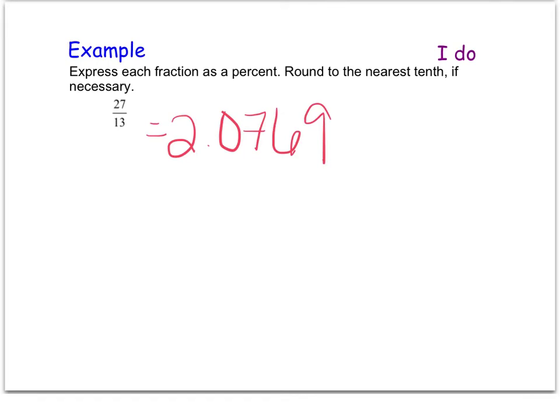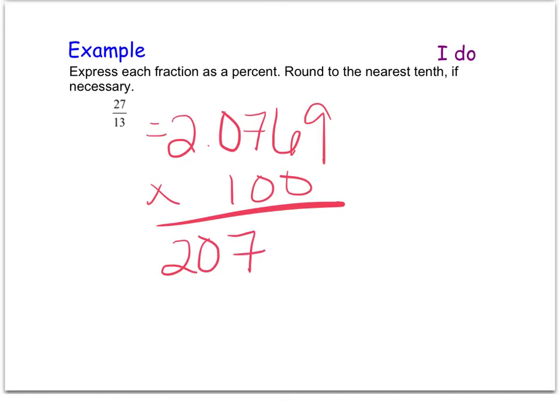Just for time's sake, I won't do the whole thing out. And when I multiply this by 100, I'm going to get 207.69, and it asks you to round to the nearest tenth, so I'm going to round that to 207.7. Add my percent sign: 207.7%.